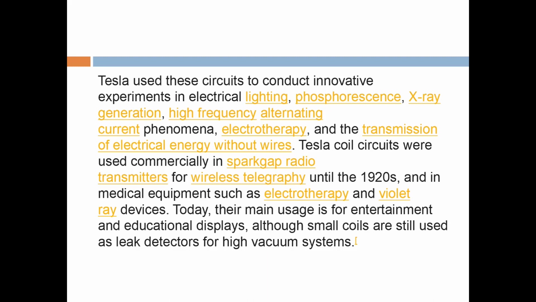Tesla coil circuits were used commercially in spark gap radio transmitters for wireless telegraphy until the year 1920. And in medical equipment such as electrotherapy and violet ray devices, the Tesla coil is widely used.